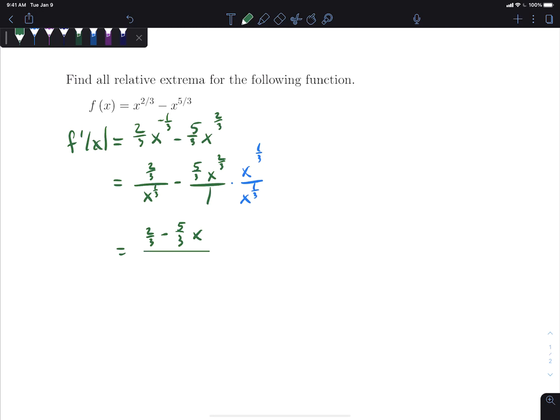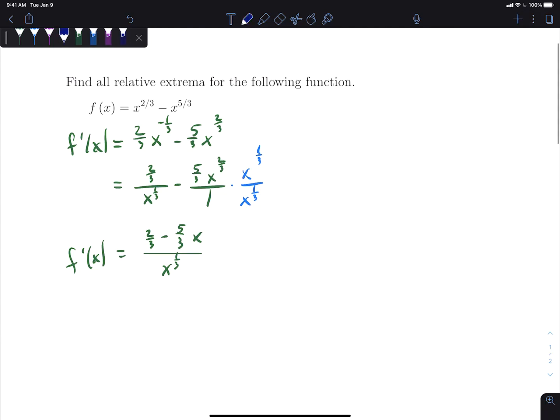And then all over x to the 1/3 power. Good. And honestly, if you want to get rid of that over 3 there for both of those, you can multiply the numerator and denominator by 3. So f prime of x here can be thought of as 2 minus 5x all over 3x to the 1/3 power.